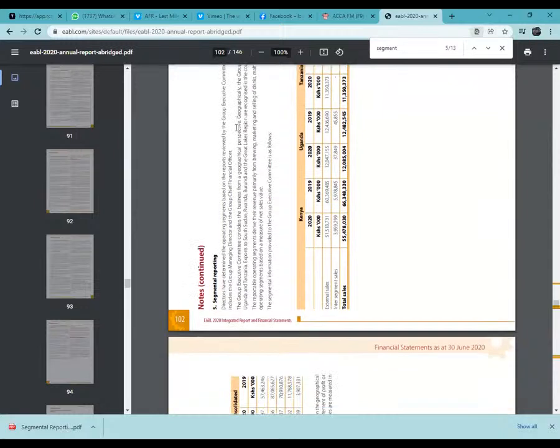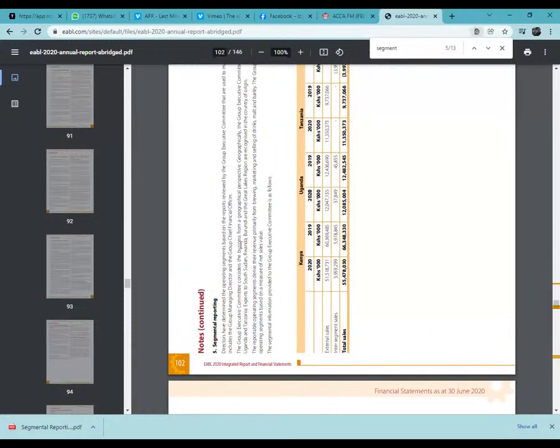The group executive committee includes the group managing director and the group chief finance officer, meaning that they are pointing out that it is the work of the chief decision maker to come up with operating segments. The group executive committee considers the business from a geographical perspective.